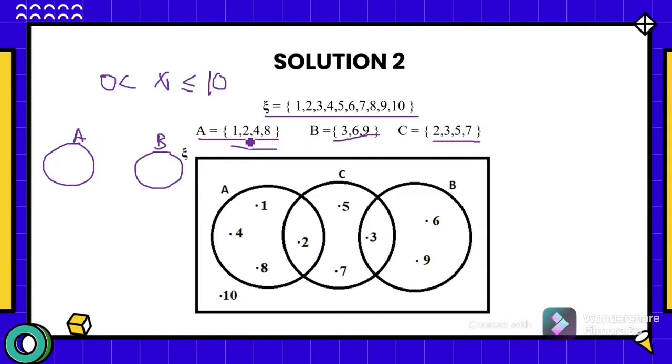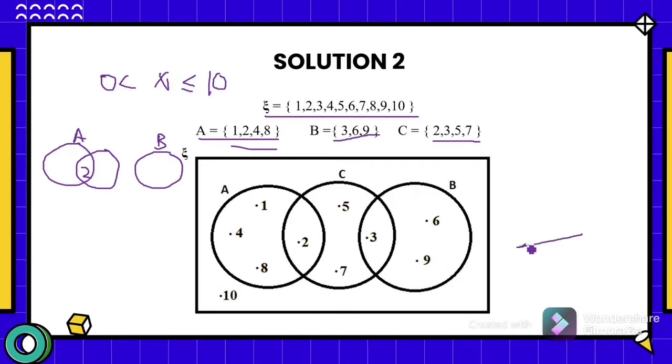For C, it overlaps with 2, so C overlaps with set A. So this is 2. B overlaps with C at 3. So we can see that B overlaps with C. So this is the Venn diagram that we got. 10 is not in these three sets, so we can put it out here.